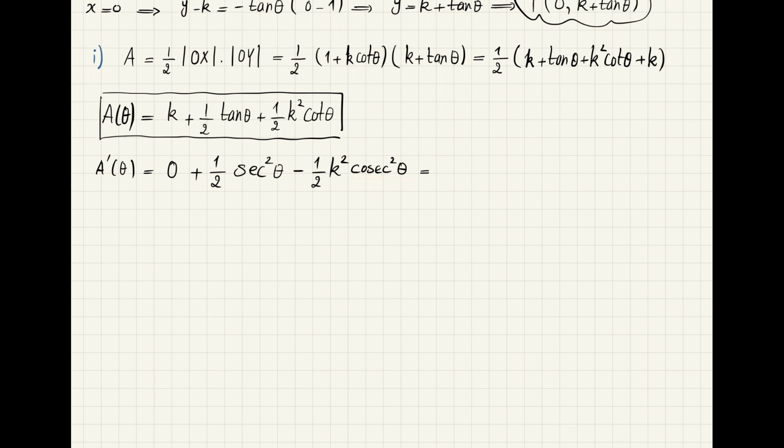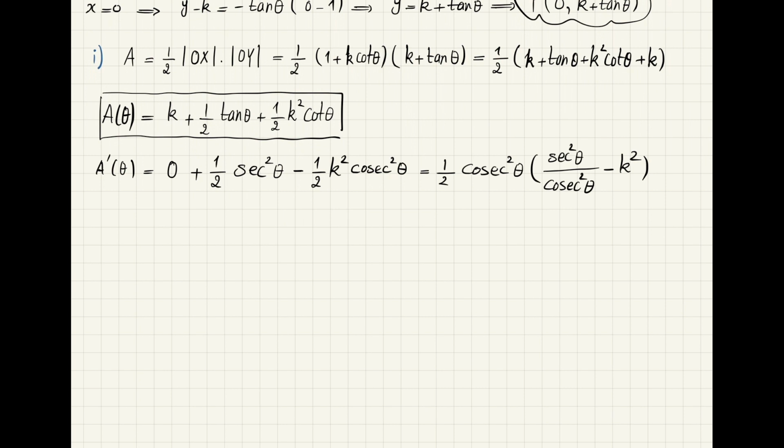Yes, so what happens, it becomes 1/2 cosecant to the 2 theta, and what is left in the brackets is secant to the 2 divided by cosecant to the 2 theta minus k squared.